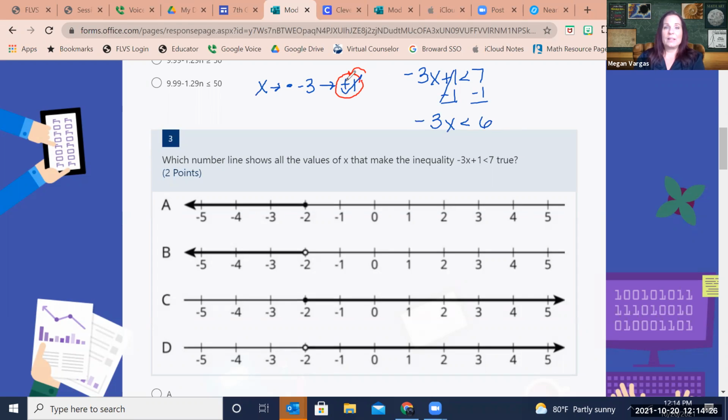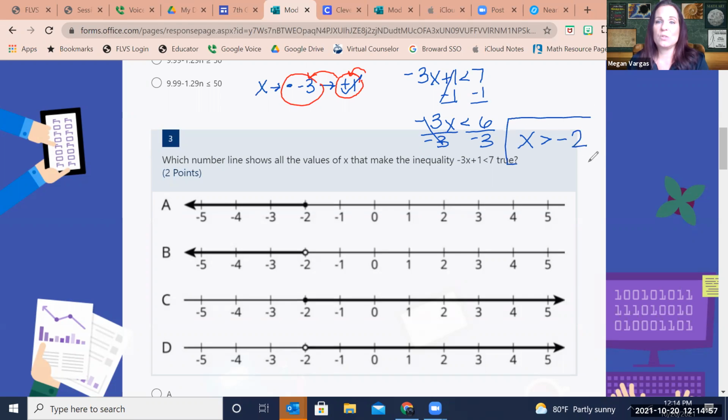Now I go back and I've got to undo multiplying by negative 3. So to undo that, I divide by negative 3. So I get x, and then because I divided on both sides by a negative, I have to flip the inequality, and then 6 divided by negative 3 is negative 2.